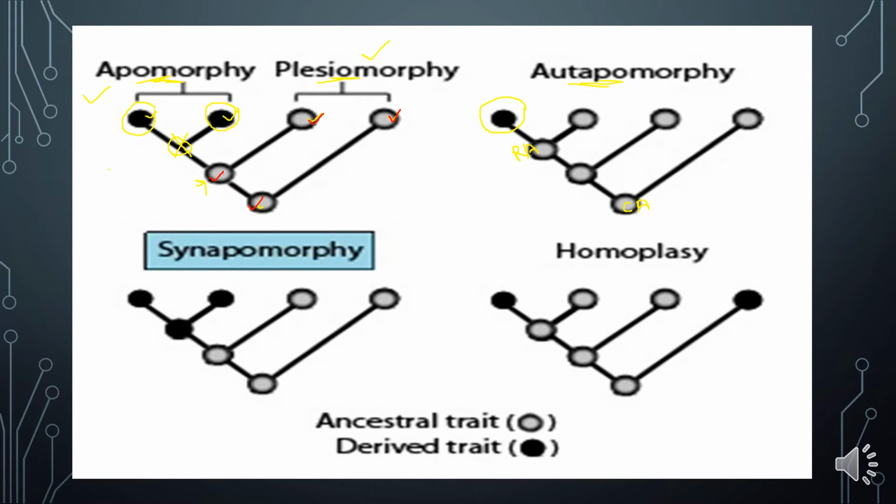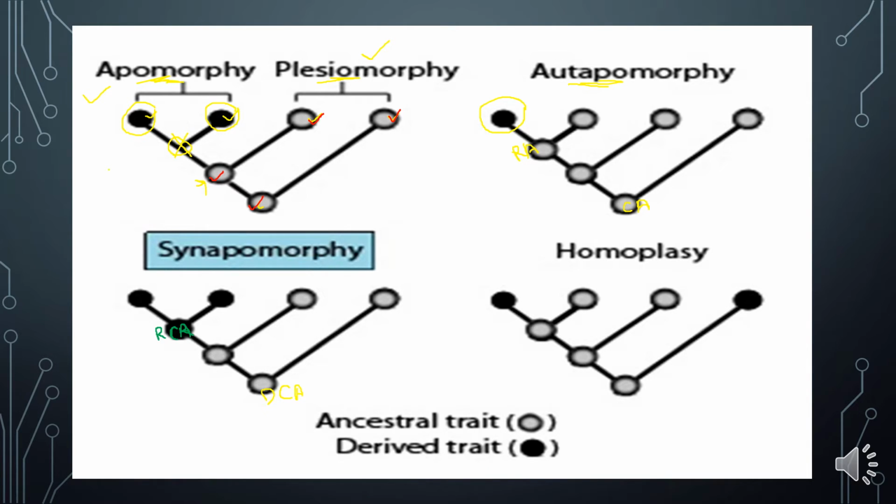But if this is a distant common ancestor, I am writing as DCA, and this one I am writing in green, is the recent common ancestor, which I am writing as RCA.